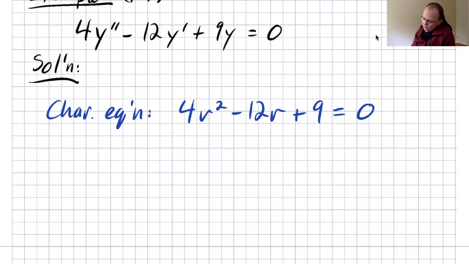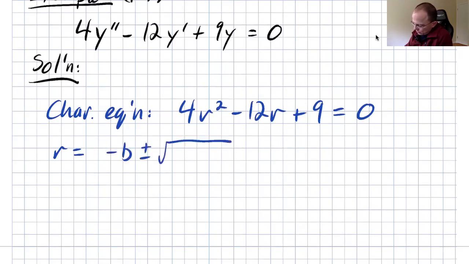We could try using the quadratic formula. So let's try that. It's a good thing to remember how to use. So this is going to be minus b plus or minus the square root of b squared minus 4ac divided by 2a. So what do we get?